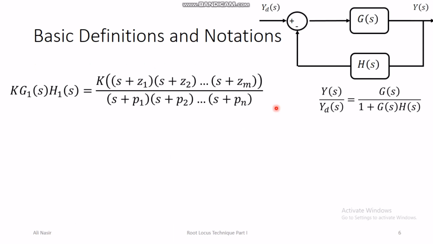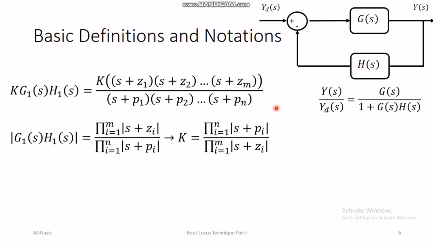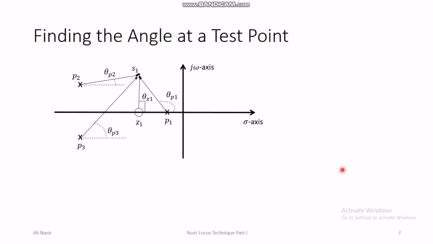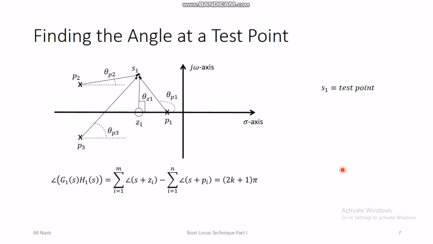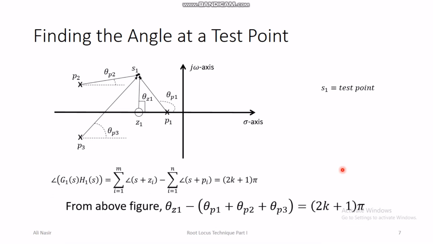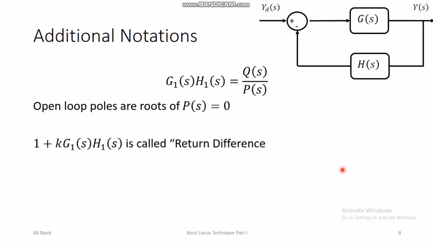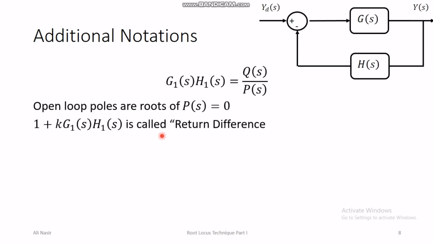And then we have discussed in terms of poles and zeros, the same magnitude condition can be rewritten like this, and the angle condition can be written as sum of angles due to zeros minus sum of angles due to poles equals 2k plus 1 into pi. And we have looked at some graphical depiction, how to calculate an angle at a test point using the angle condition. And finally we have defined the important quantity called return difference.